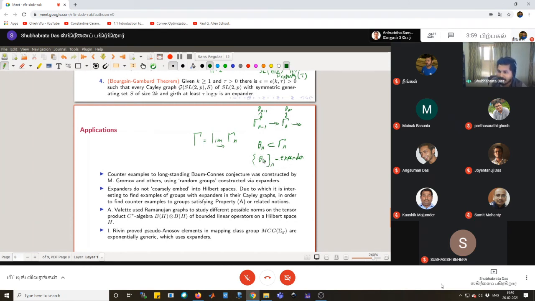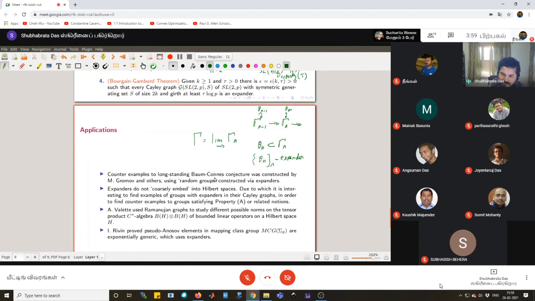We can find these theta n's embedded in the Cayley graph, and that would make the Cayley graph unembeddable in Hilbert spaces. And that was very important because if you cannot embed your Cayley graph in a Hilbert space, that would violate something, and that would say that my group is not satisfying certain properties, and so on.